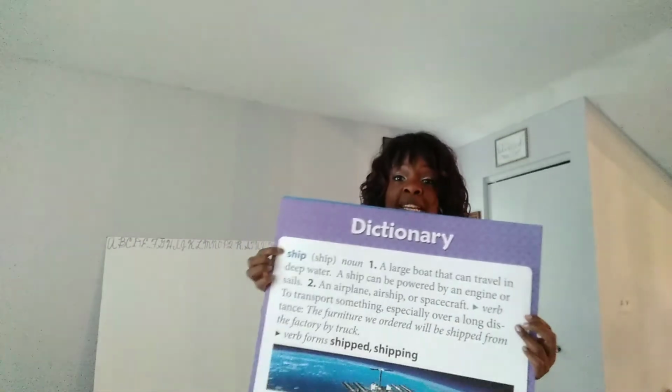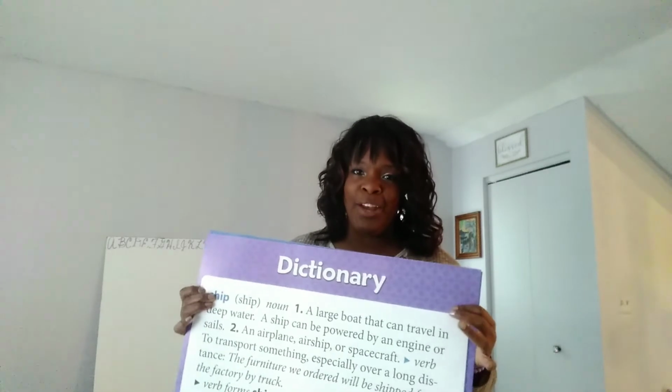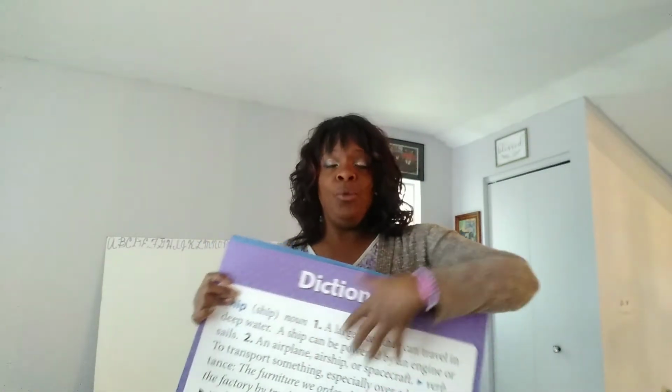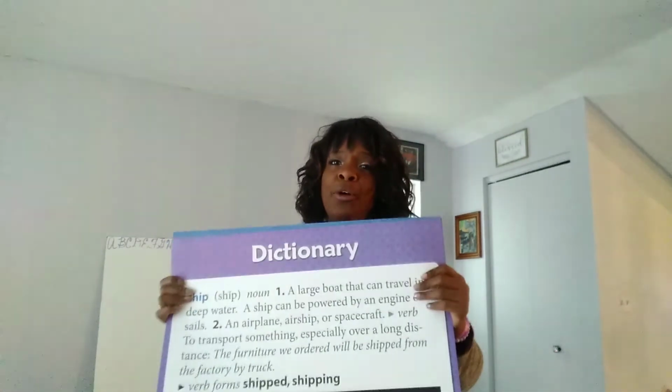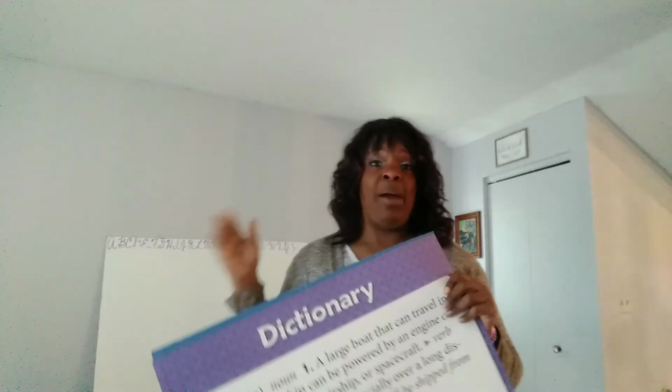But each of these entries in the dictionary is easier to find because of the two words at the top of the dictionary called your guide words. And those guide words help to guide you to the word to see if it would be on that page or not. So think those things through with all of the things that we've been talking about and learning through language. Don't miss and forget those.